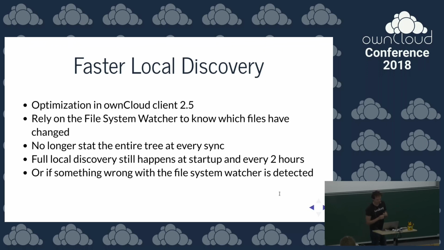But now in 2.5 we rely on the file system watcher, and it will not do that anymore. It will know that only this one file has changed, so it will upload it immediately. And so we no longer scan the tree at every sync, only maybe once every 2 hours, just in case the file system watcher is not working properly.